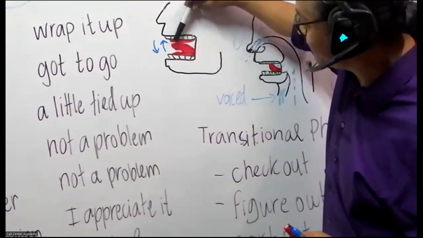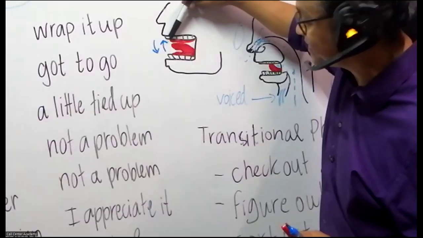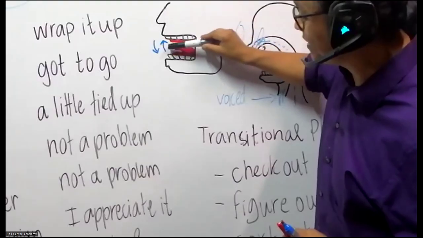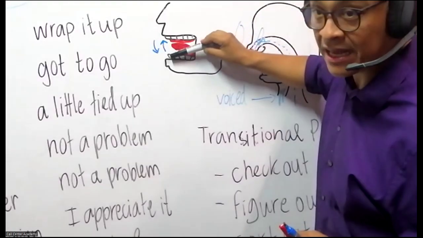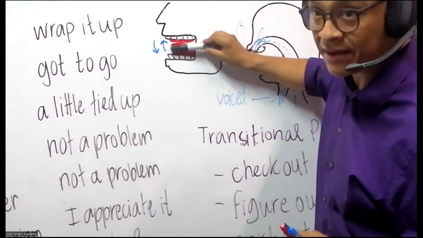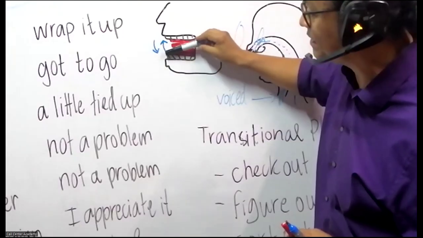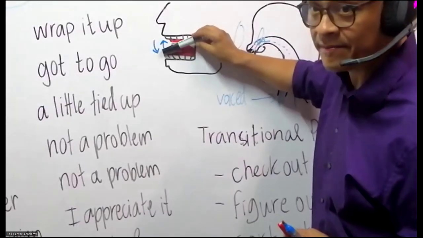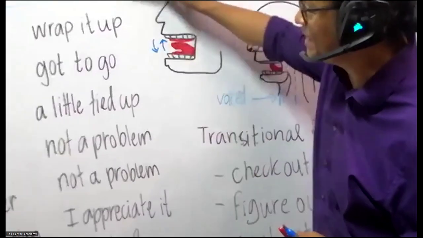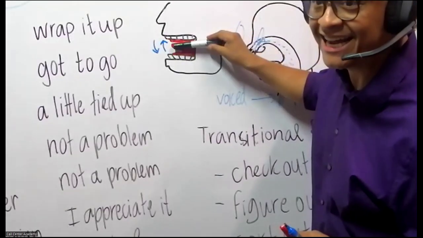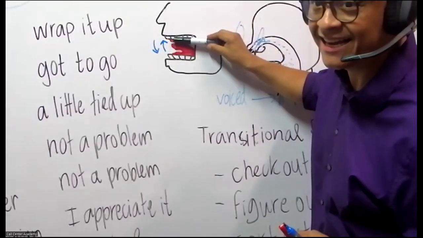The palate is the ceiling of the mouth. There's a quick tap of the tongue, a tap and a release. That's why we got these arrows here. And that's going to be the flap T sound, d, d, d, d.